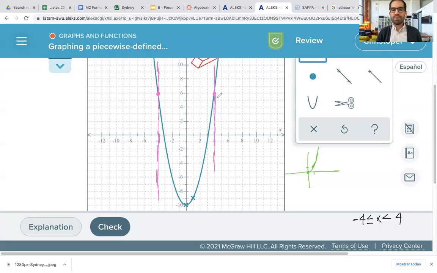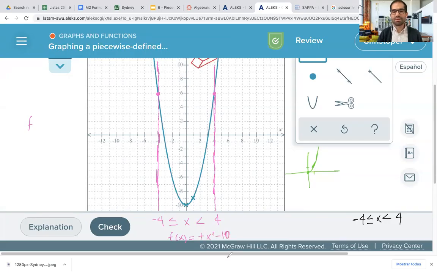So what we're going to be doing is we're going to cut the graph at those points, but you can always think about this segment of the graph being going from -4 to 4, and we want x to be greater than or equal to -4 and less than 4. And the function that's going to work on this segment is plus x squared minus 10.